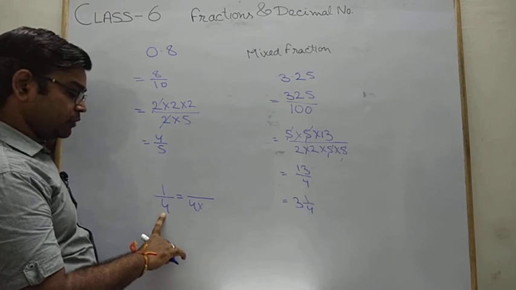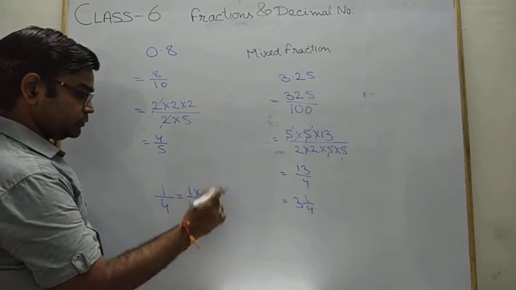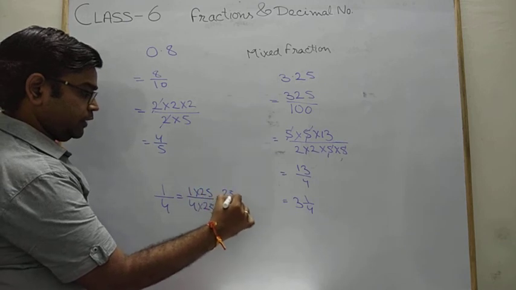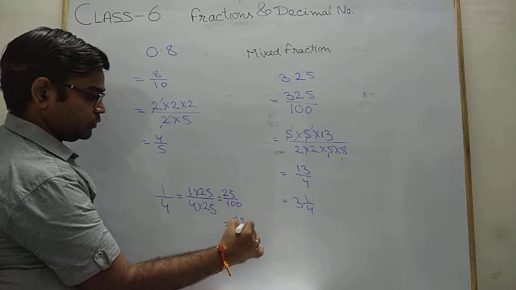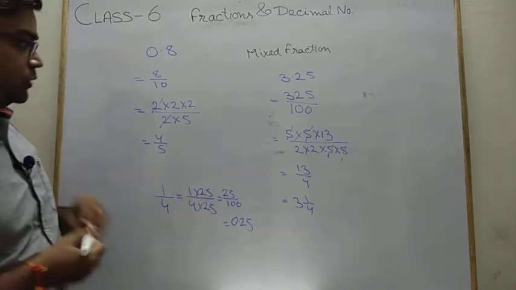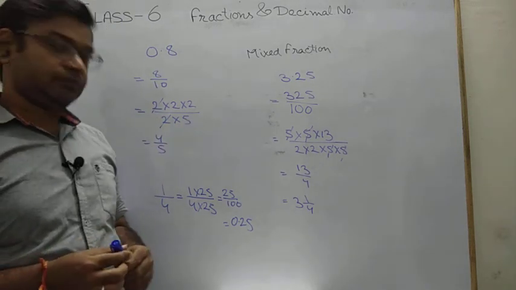Yes, we can convert into 100: 4 into 25. So 1 into 25, it is 25 upon 100, or what we write, 0.25. Clear? So this is your way of solving the questions.